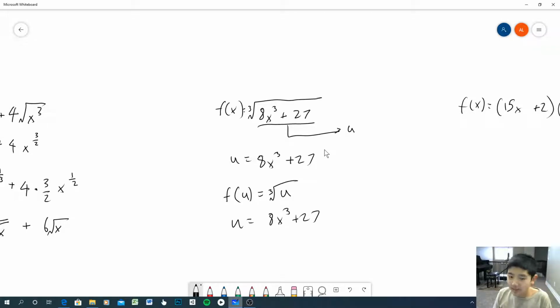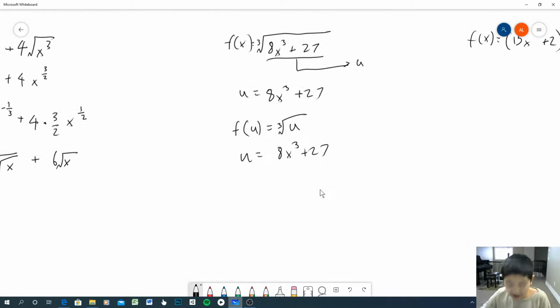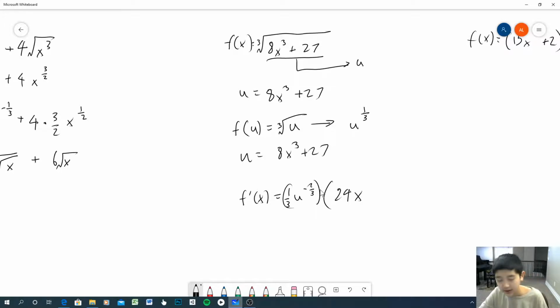I'm just rewriting that. So now we take the derivative of both of these and multiply them together. So f prime x equals 1 over 3 u to the power of negative 2 over 3, because this basically just means u to the power of 1 over 3, times, bracketed, the derivative of 8x cubed, so 3 times 8 is 24, x to the power of 3 minus 1 is 2.